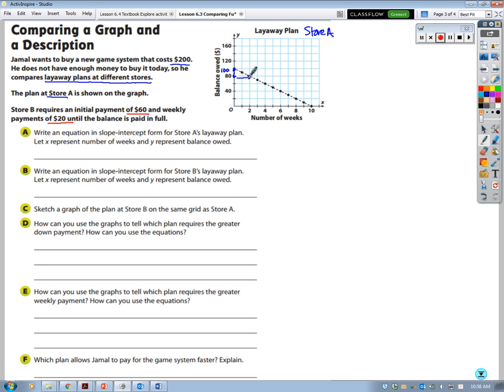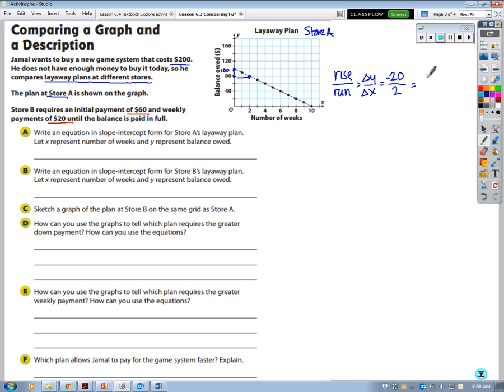So the rise and run, or change in Y over change in X, is down 20, 100 to 80. So that would be 20, and negative, because it's going down. And that's over 2 weeks, the period of 2 weeks.